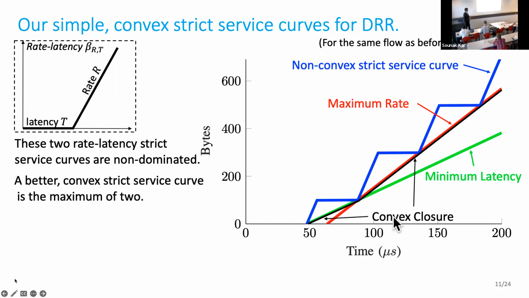We can find a better strict service curve by taking the maximum of these two rate latency strict service curves, which happens to be the convex closure of our non-convex strict service curve. It's the largest convex function that lower bounds our non-convex curve. All these curves are very tractable, very easy to use.